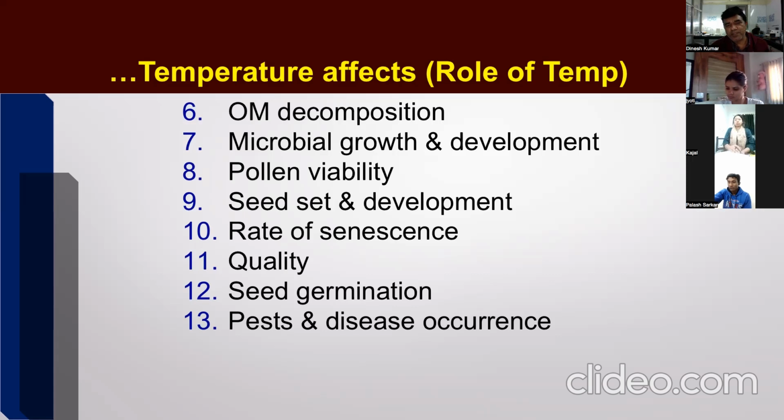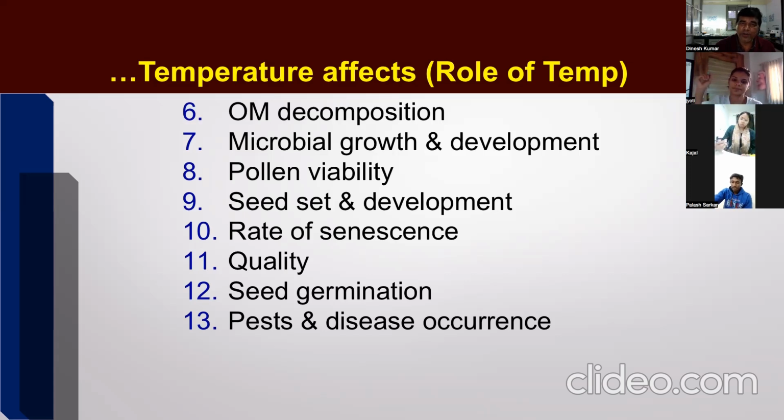Pest and disease occurrence is also influenced by temperature, particularly in association with water, moisture or humidity. Normally, higher the temperature, higher the humidity. So if a water source is available around, higher humidity and higher temperature will invite infestation of more insect pests and disease.